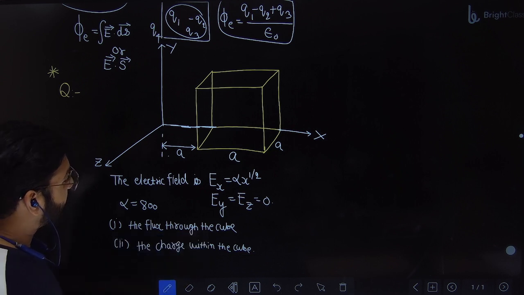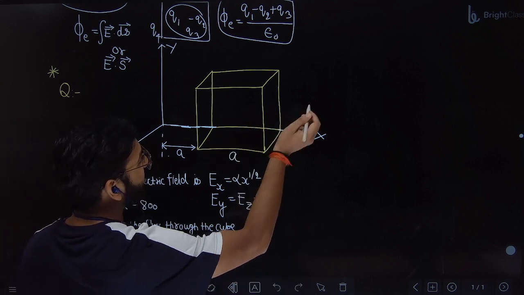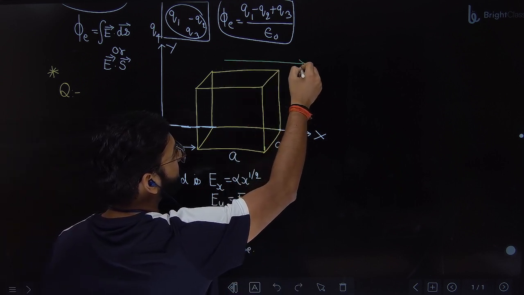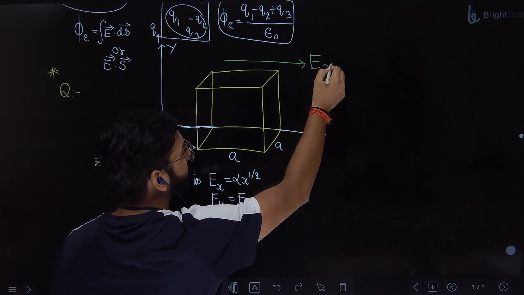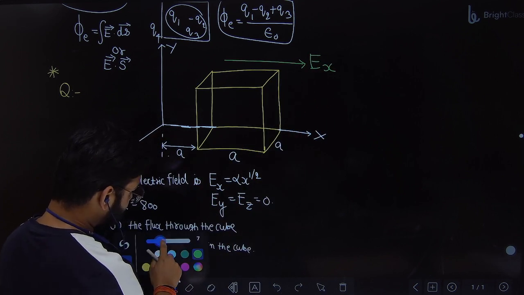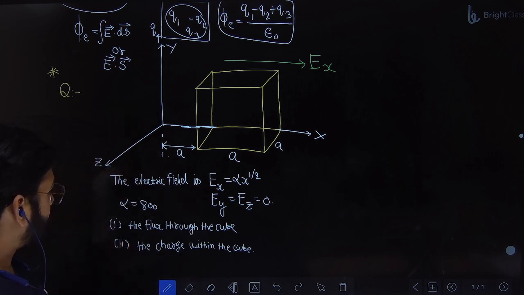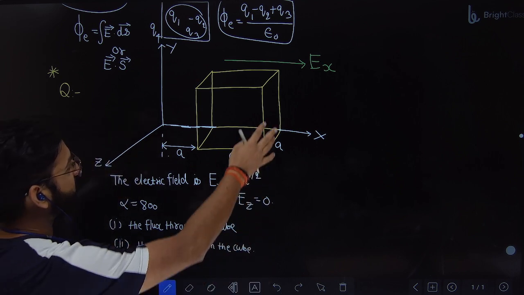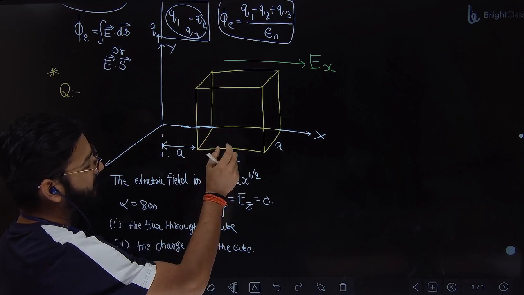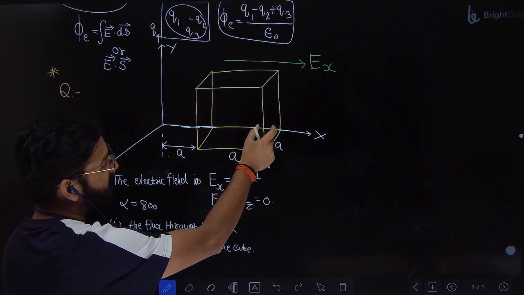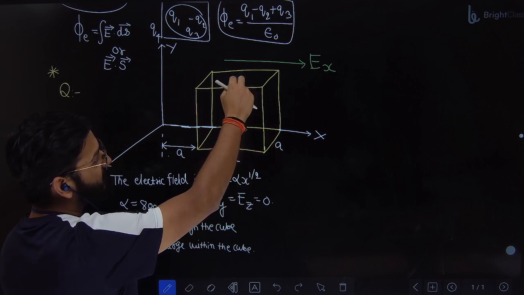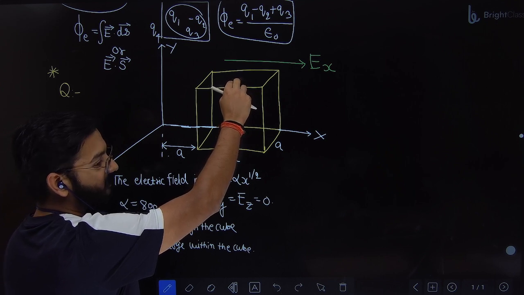Before we start solving, let's draw the direction of the electric field. Electric field is only in the x direction. There is no electric field in y and z. So what is the flux through the cube? We will focus on this cube face by face. If you see the top face, where will be the area vector?